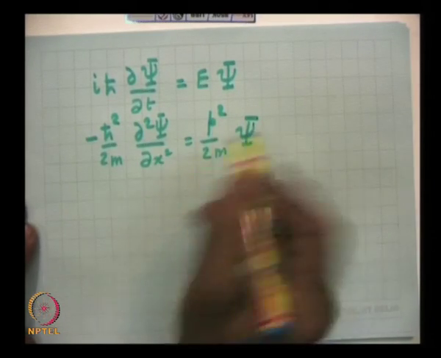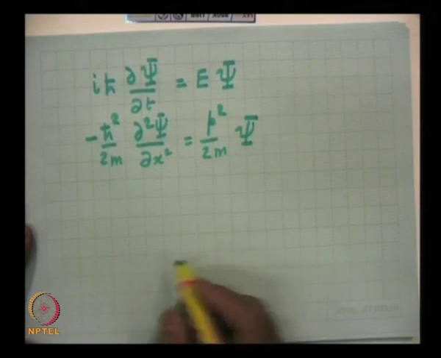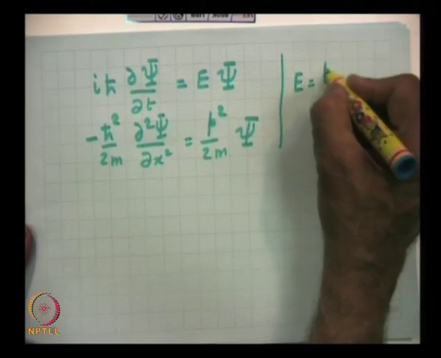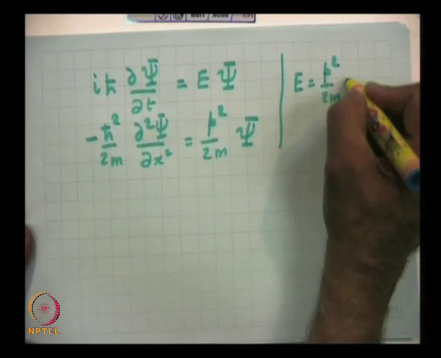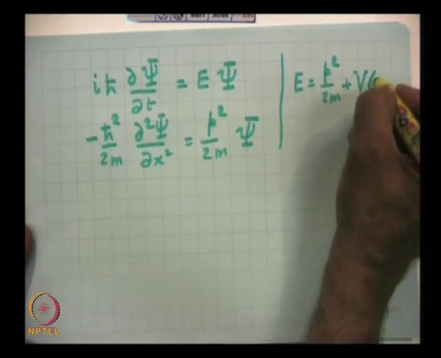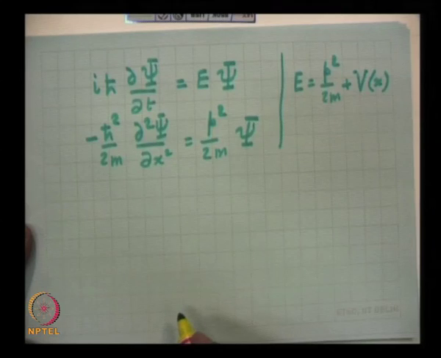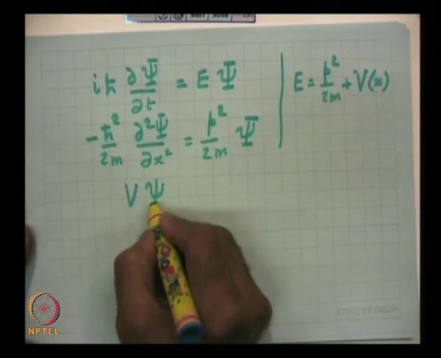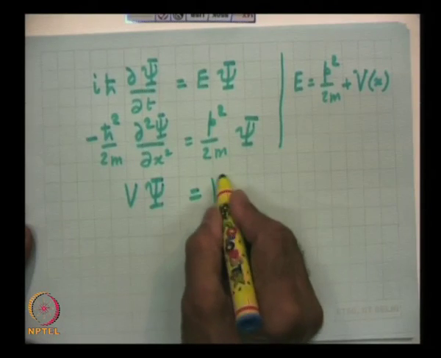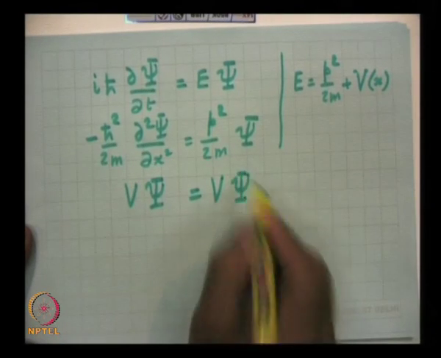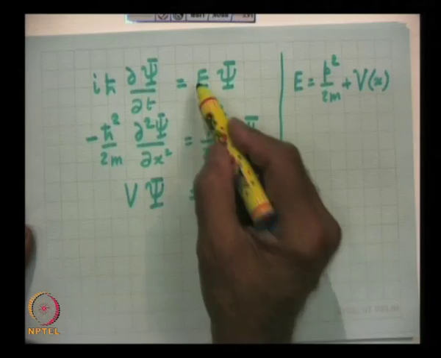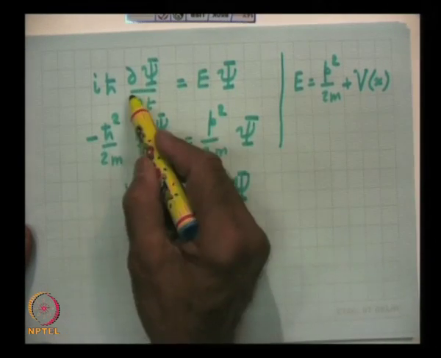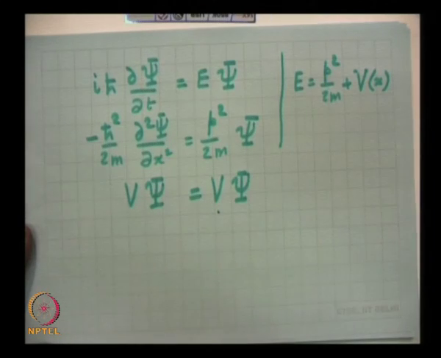Now, let us suppose the particle is in a potential field. So you have the total energy is the kinetic energy plus the potential energy. So I write this equation, V ψ is equal to V ψ. V is the potential energy. So E is equal to p² by 2m plus V. So this must be equal to this plus this.